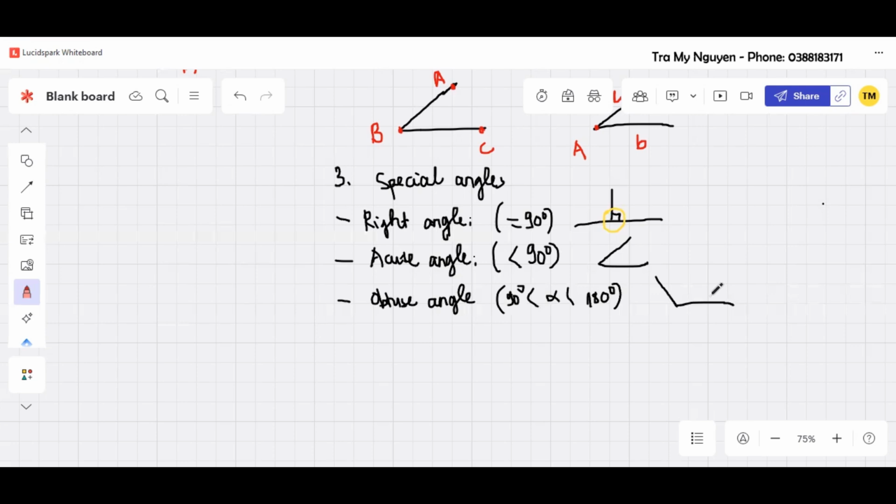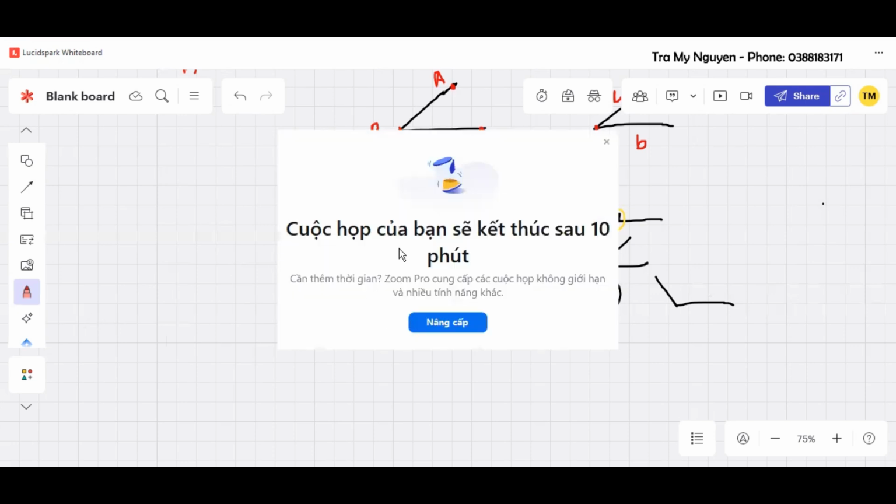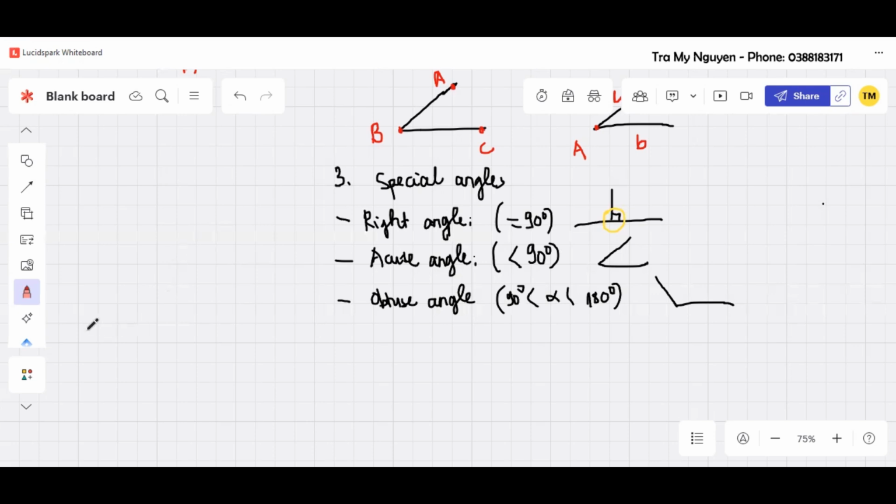We already learned about three different kinds of special angles. Let's do some small exercises to reinforce the knowledge. I will draw some angles, and you have to find the vertex for me.